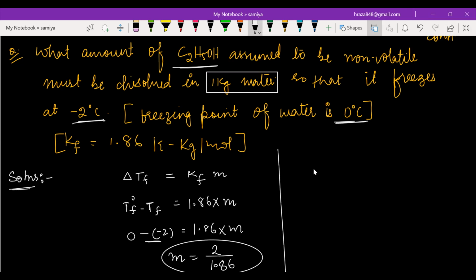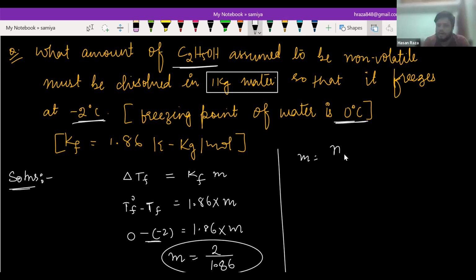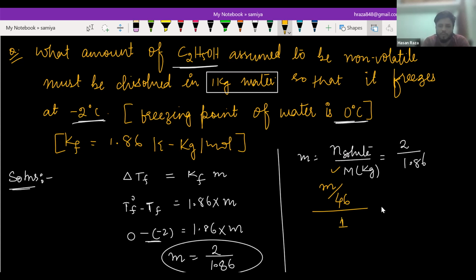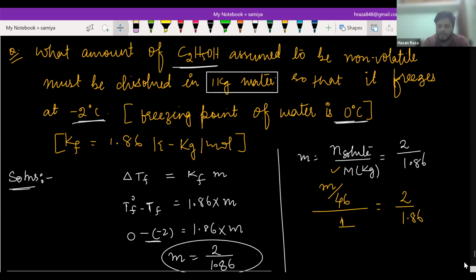Yes, sir. And molality has a formula, number of moles of solute upon mass of solvent in kg, that will be equal to 2 upon 1.86. Now see, number of moles of solute is given mass, that we need to calculate, upon molar mass. Molar mass of C2H5OH, can you tell me? Molar mass of C2H5OH will be 46. Mass of solvent is given as 1 kg, will be equal to 2 upon 1.86. I'm doing it step by step.